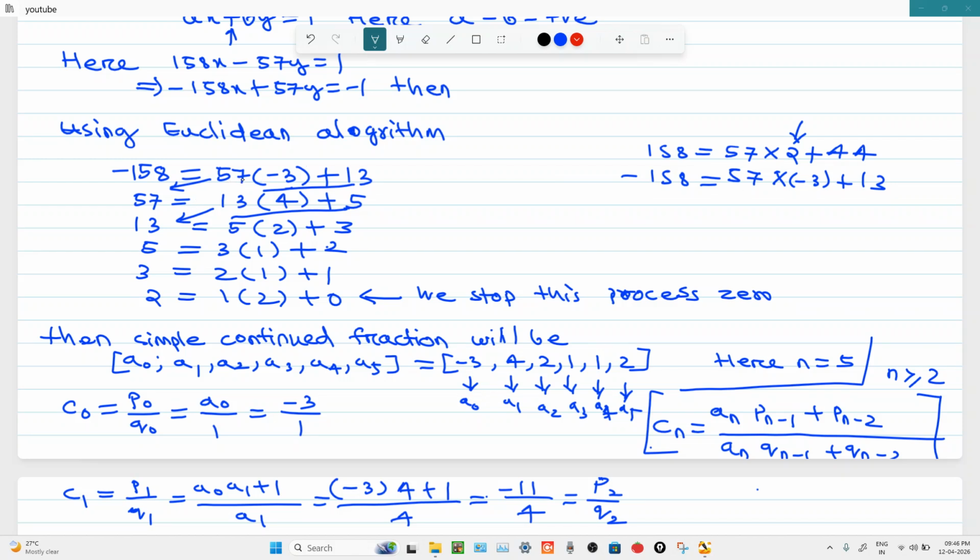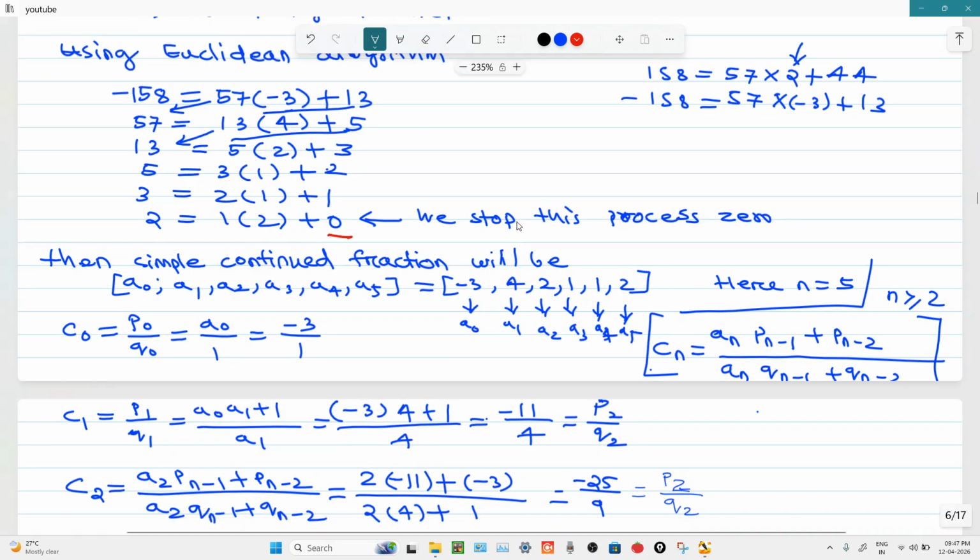Then we shift 57 here, and we find 13 equals 5 into 2 plus 3, and 5 equals 3 into 1 plus 2, and 3 equals 2 into 1 plus 1, and 2 equals 1 into 2 plus 0. So we will stop the process when we get 0.